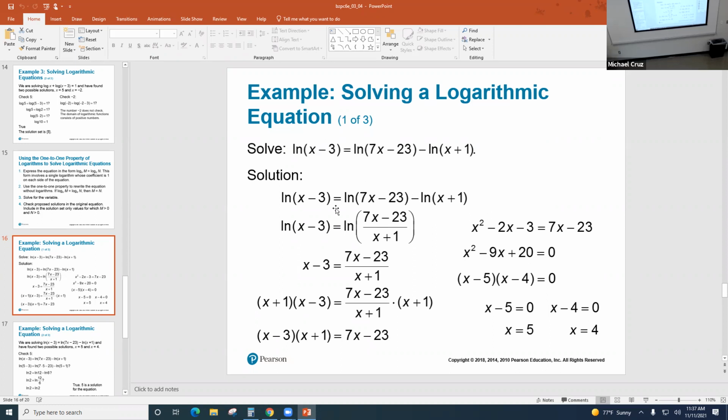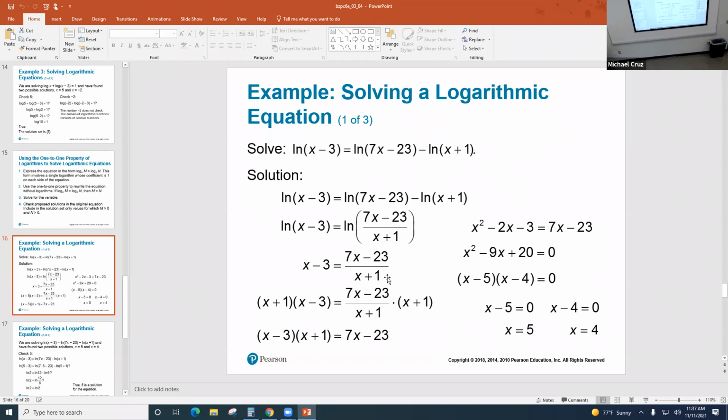All right, so ln of x minus 3 is equal to ln of 7x minus 23 minus ln of x plus 1. On the right side, these are both the same base, ln, and there's the negative sign, so we can use the quotient rule to condense this. So that's the ln of 7x minus 23 over x plus 1.